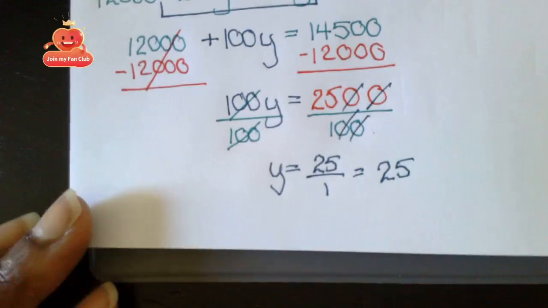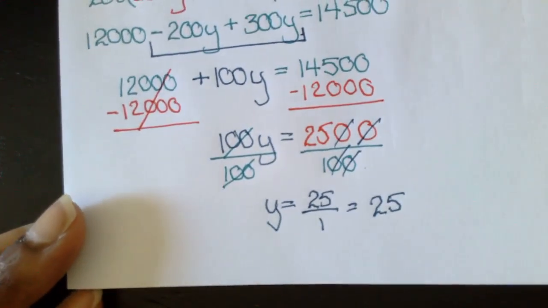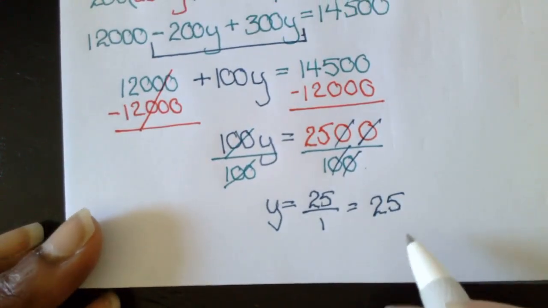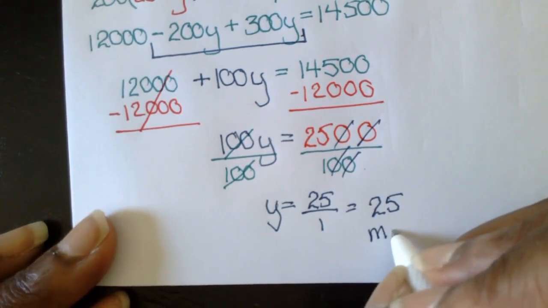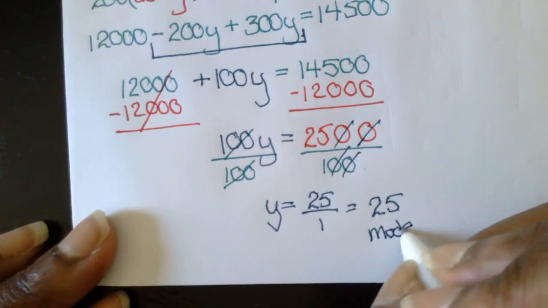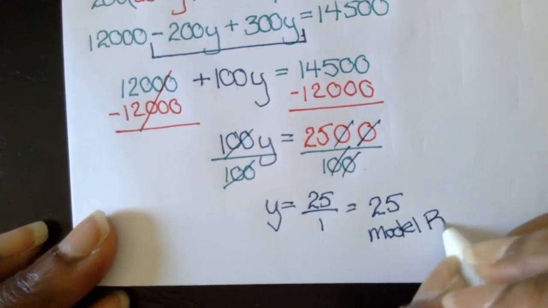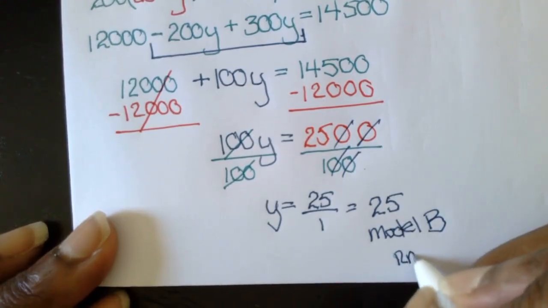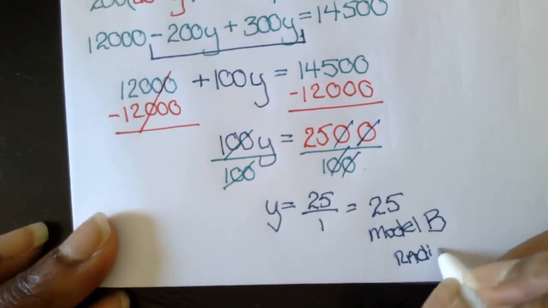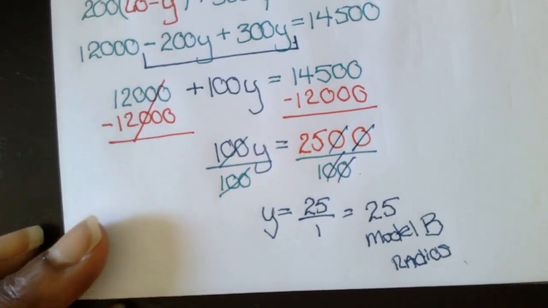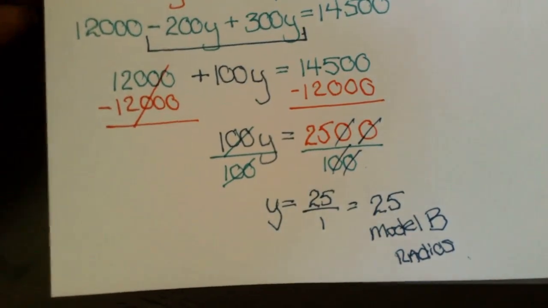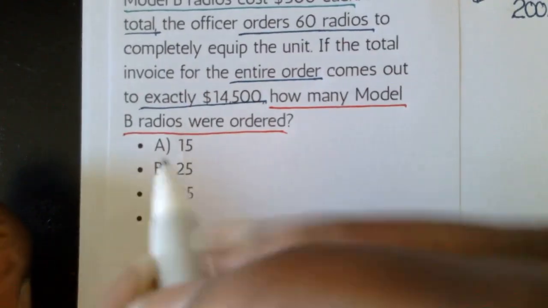So since y represents that, that means we have 25 Model B radios. So your answer for this particular question would be B, which is 25.